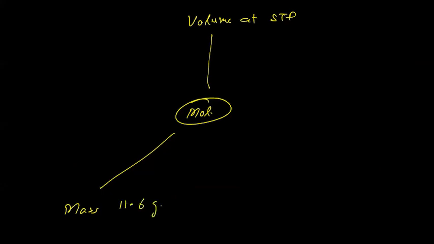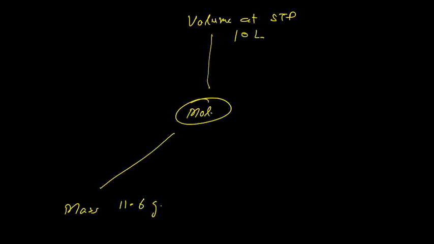If you remember the diagram, this is the relationship I am talking about, mass and volume. It says that 10 liters of it is equal to 11.6 gram. This is given in the question.